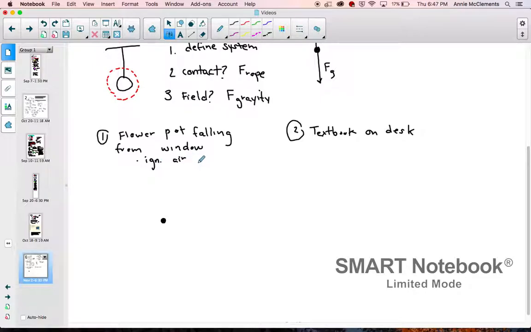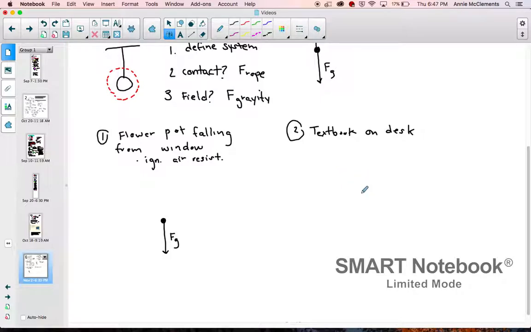So there's nothing in contact with the flower pot, no external thing touching it, so there's going to be no contact force. But there is a field force. It's experiencing some downward push from gravity. So we draw a little downward push, Fg, gravity. You should have a free body diagram that looks like that.